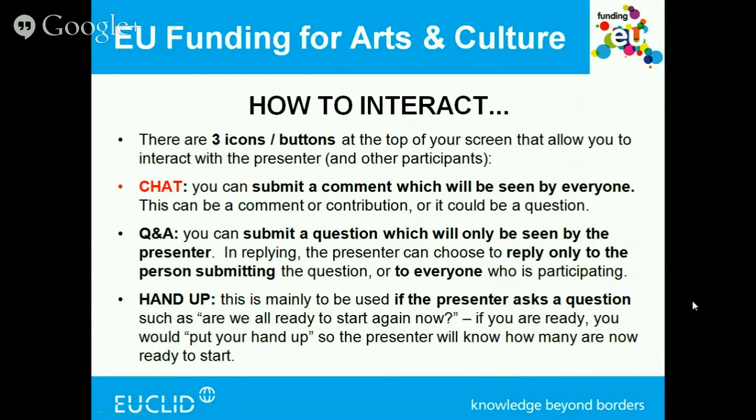So you don't hear me till 30 seconds or so after I've spoken. So there may be a slight delay in sending your chat messages and then a slight delay in me answering them. So apologies if there is that sort of delay, but that's simply the way the system works. Ignore the stuff about Q&A and hands up. We're not going to worry with that. It's the chat function that is the one to use.